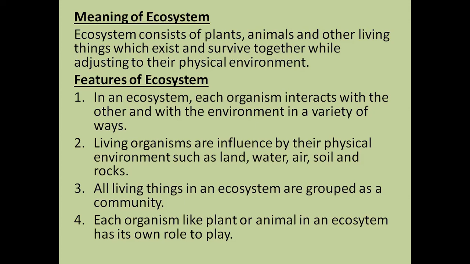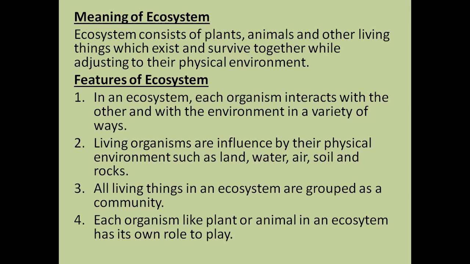Features of ecosystem. What are the characteristics or the features of ecosystem? Number one, in an ecosystem, each organism interacts with the other and with the environment in a variety of ways.